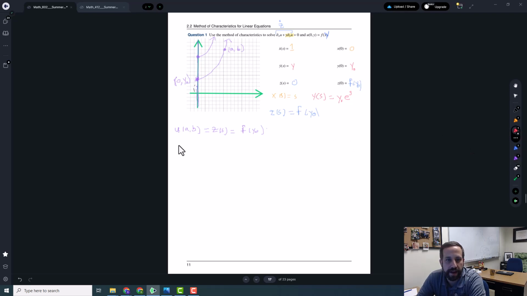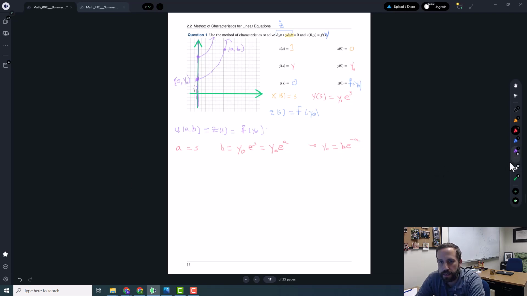A is equal to s, and b is equal to y naught e to the s. This tells me directly a is equal to s. So b is equal to y naught e to the a. Then y naught is equal to b e to the minus a.